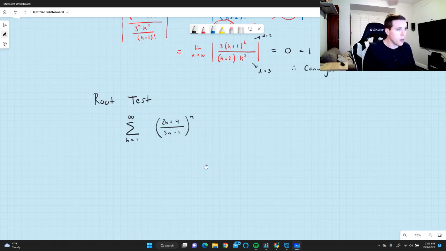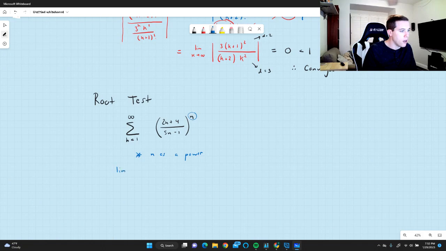So this is all you do. When you see that you have an n outside of some kind of fraction, so there's an nth power, you're going to use this when you see n as a power. All you have to do is take the nth root of the series and then take the limit.